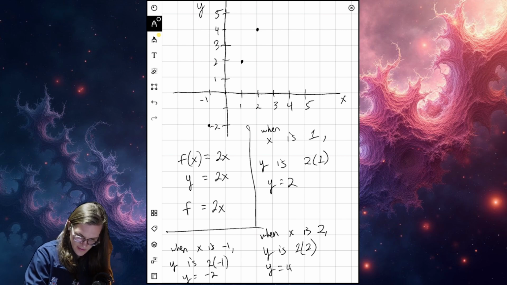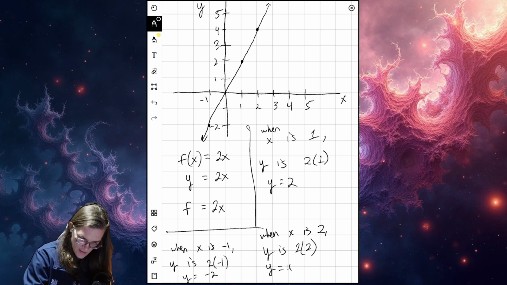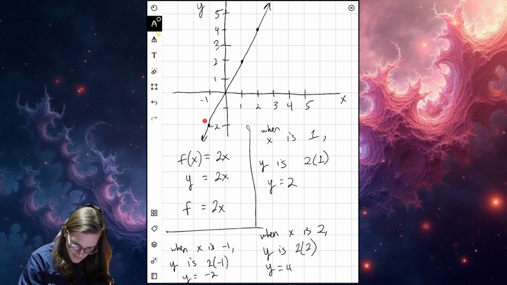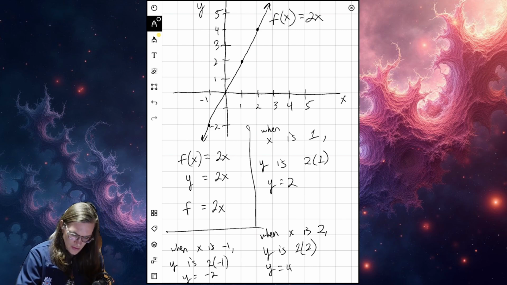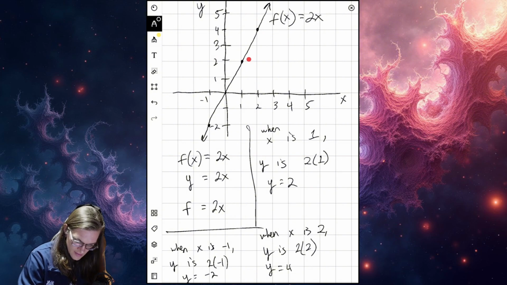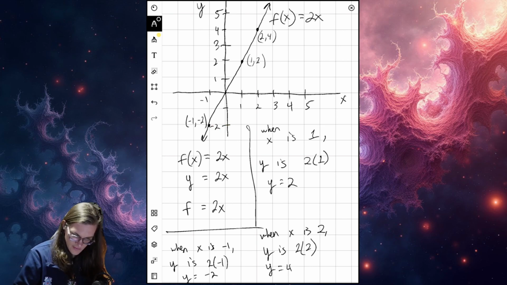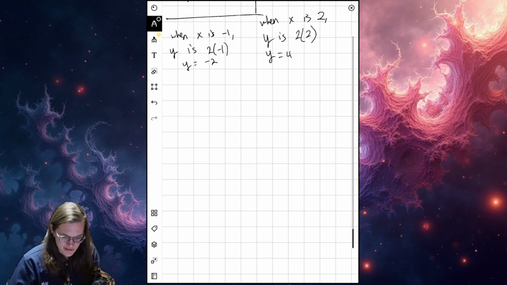There's our point. And so we're starting to get a picture of this function. This line is the function f of x equals 2x. So here's a point, 1, 2. Here's a point, 2, 4. Here's a point down here, -1, -2. Okay, so that's a very simple function.